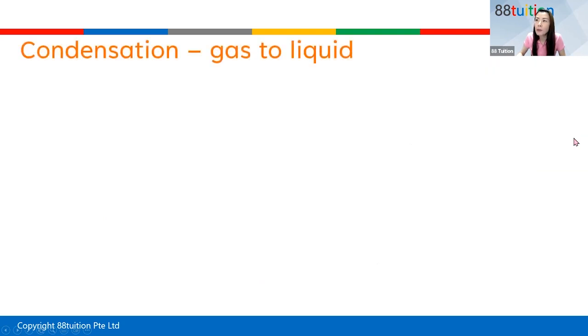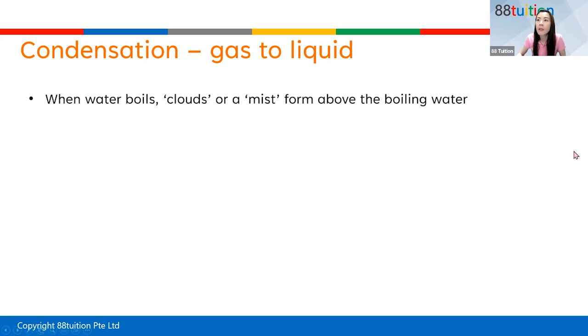Good. So next, I want to highlight condensation, when there is a change from gaseous state to liquid state. When liquid boils, sometimes you see the mist, isn't it? You see the mist just in the area above that pot of water. Above that boiling water, you see something like cloud, something like mist.